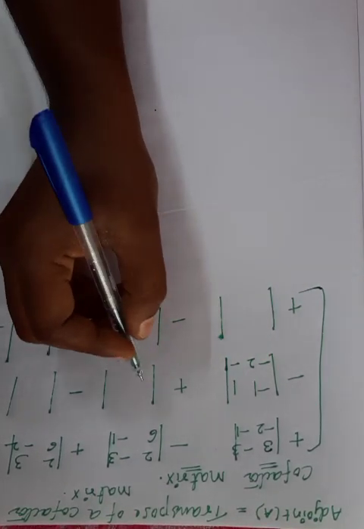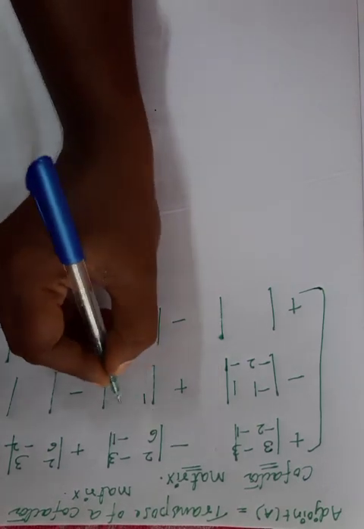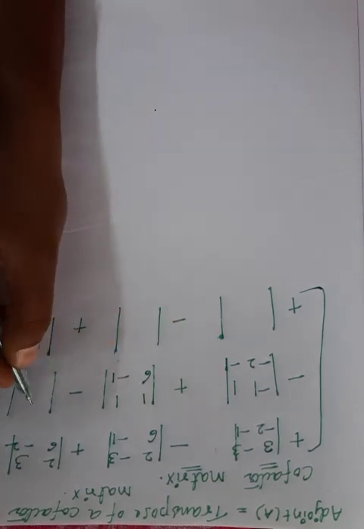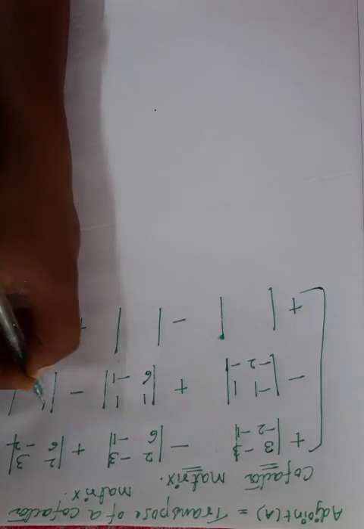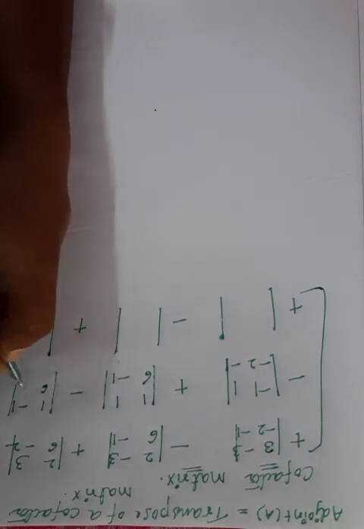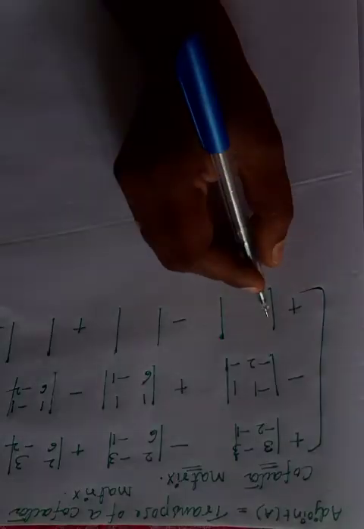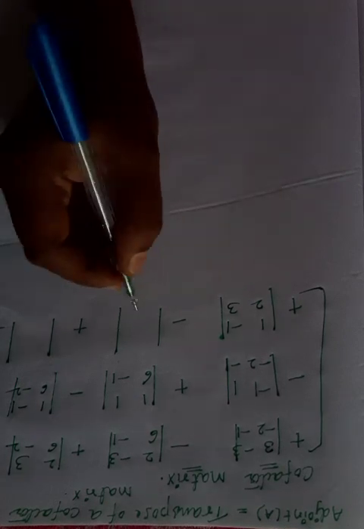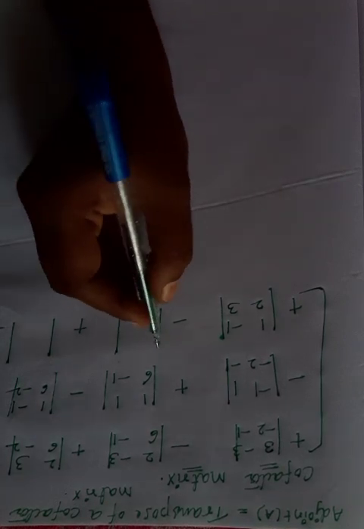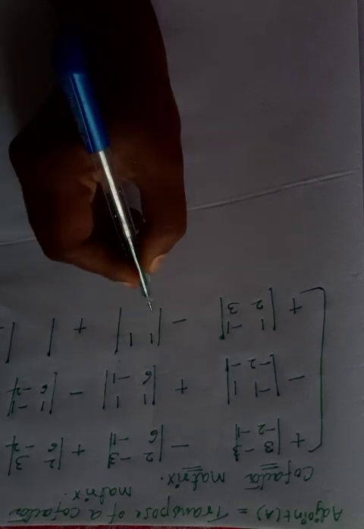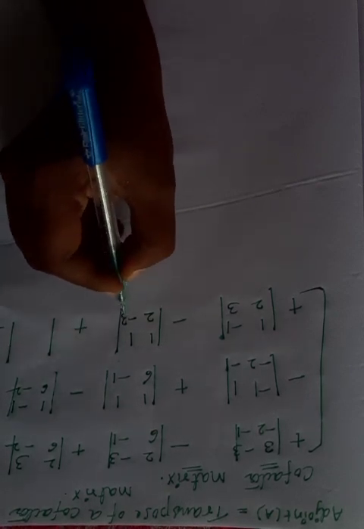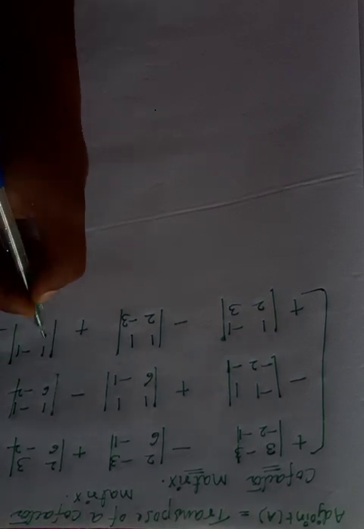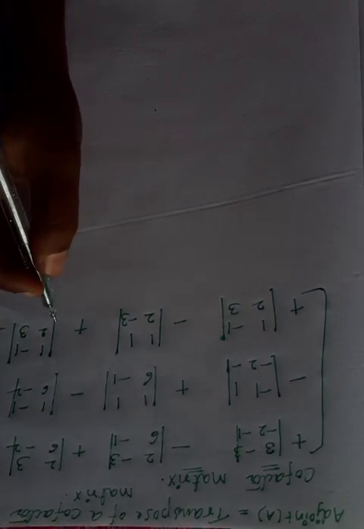The minor of 3 is 1 1 6 minus 1. The minor of minus 3 is 1 minus 1 6 minus 2. The minor of 6 is 1 minus 1 2 3. The minor of minus 2 is 1 1 2 minus 3. The minor of the last element minus 1 is 1 minus 1 2 3. Like this you have to write all the minors for the given elements.